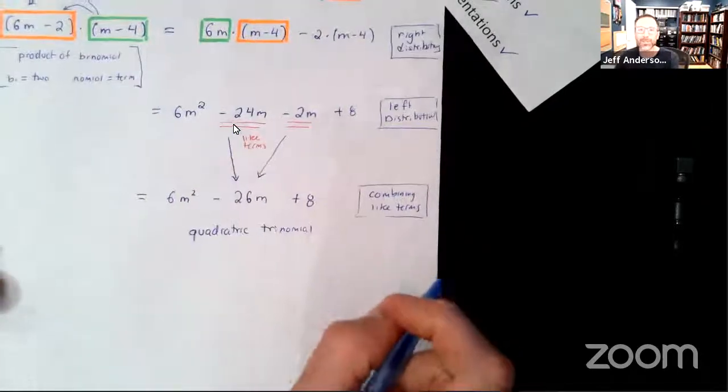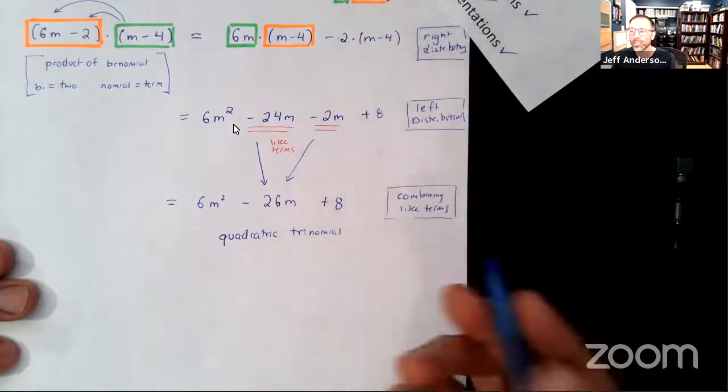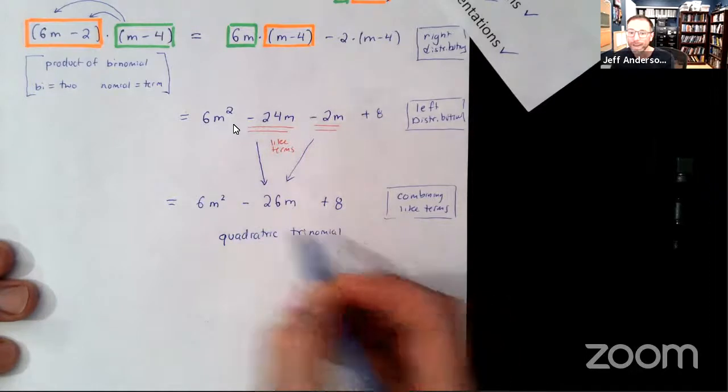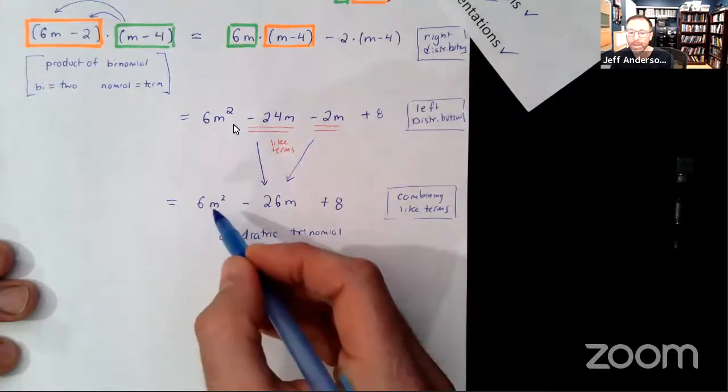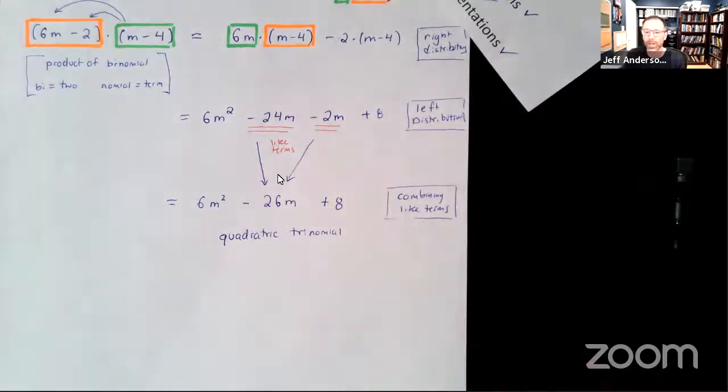For those of you Spanish speaker viewers, cuadro is usually with a C. Cuadro is square. So check it out. Quadratic means square. Trinomial means 3. So it's a 3-term polynomial whose highest degree is 2, quadratic trinomial.